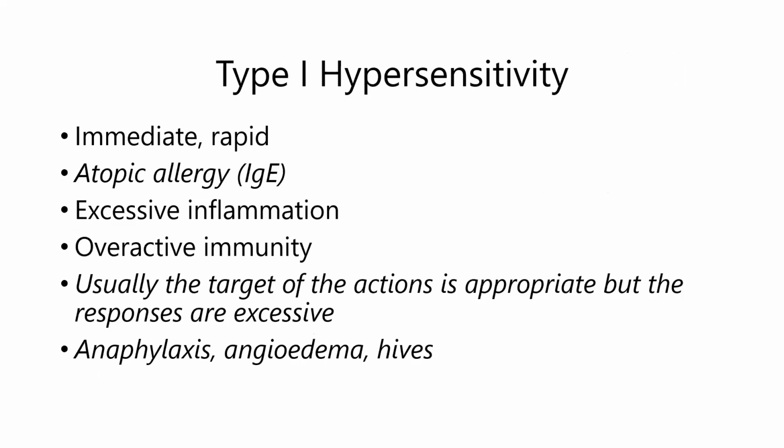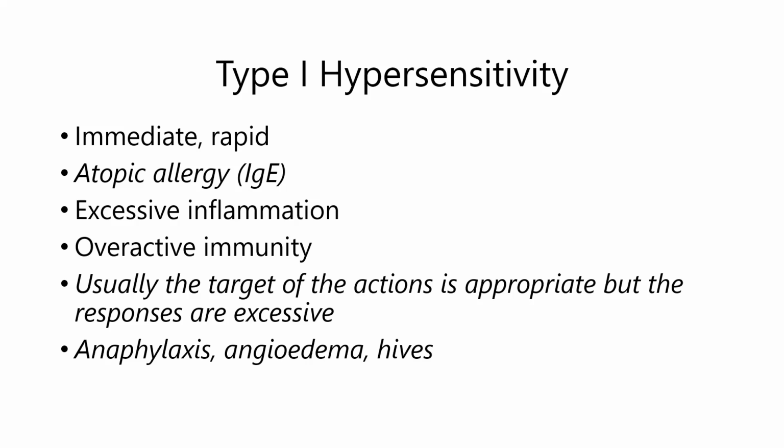So type 1, you need to know that this is the most serious hypersensitivity allergic type reaction. It's immediate, it happens rapidly, and it forms an immunoglobulin, IgE. We talked about that in the immunity presentation. It causes excessive inflammation, your hives, your swelling, an overreactive immune system.